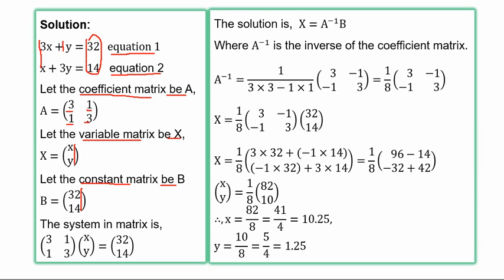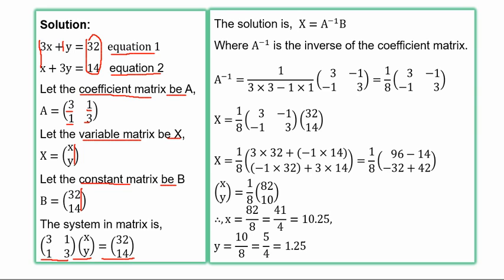We have to put all these matrices in matrix form. So the system in matrix form is the coefficient matrix multiplied by the variable matrix equals the constant matrix.